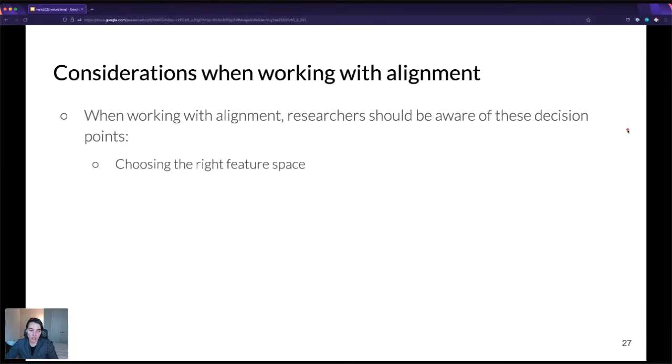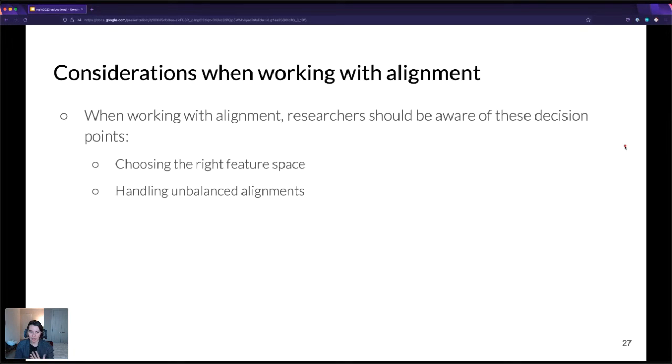The first is choosing the right feature space in which to do the alignment. It's all well and good to say that we'll align some data, but what does that data look like? If we can choose going in what kind of data to collect, how do we choose what kind of data to collect? The next is handling unbalanced alignments. Most of the methods I've discussed so far really assume that there's a one-to-one correspondence that you're going to be able to find in your alignment, and that's often not the case.